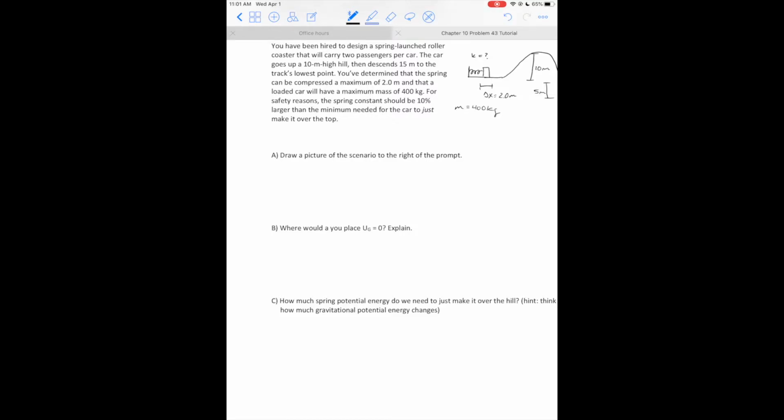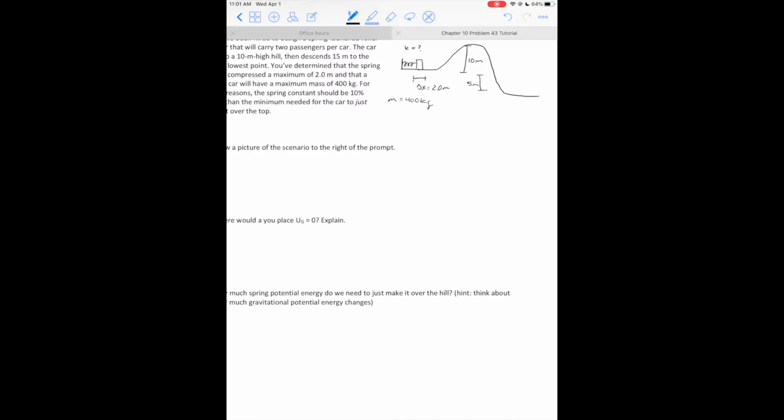So part B. Where would you place the potential energy due to gravity equal to 0? So we got to pick a location where we're going to set our gravitational potential equal to 0. I would say there's two kind of obvious locations that I would pick. One is right here, at our lowest point.